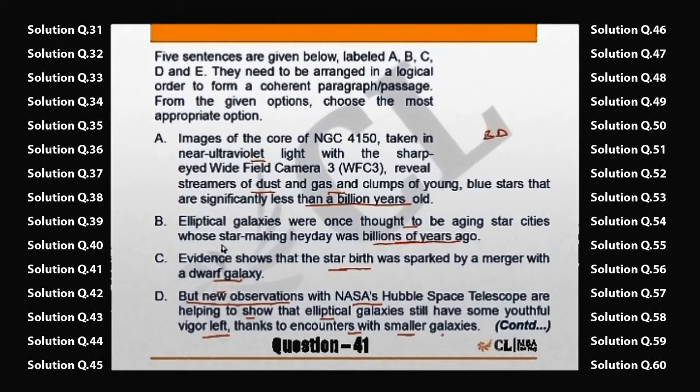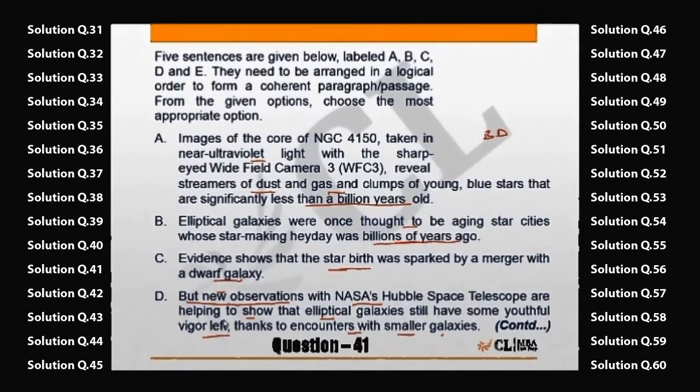So BDE and BDA. Statement B: elliptical galaxies whose star-making heyday was a billion years ago. Statement D: still have some youthful vigor left thanks to encounters with smaller galaxies. Statement A: images of the core taken in this reveal streamers of dust and gas with clumps of, okay.